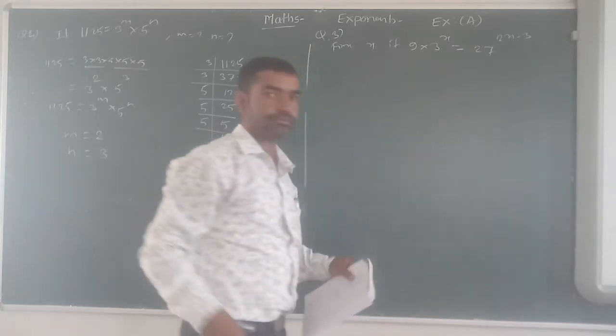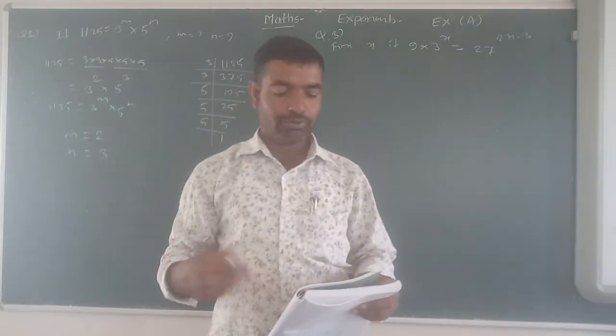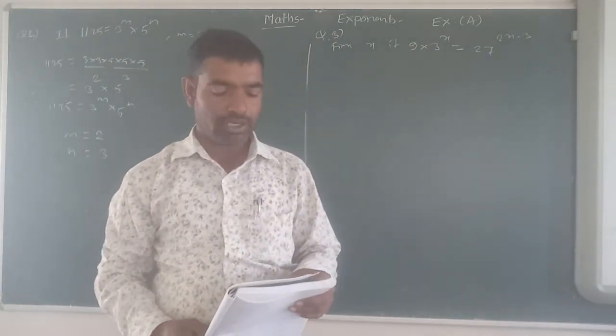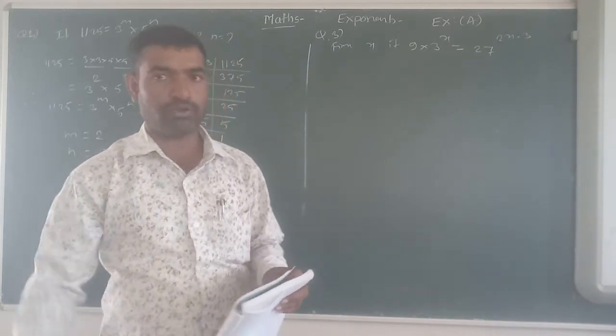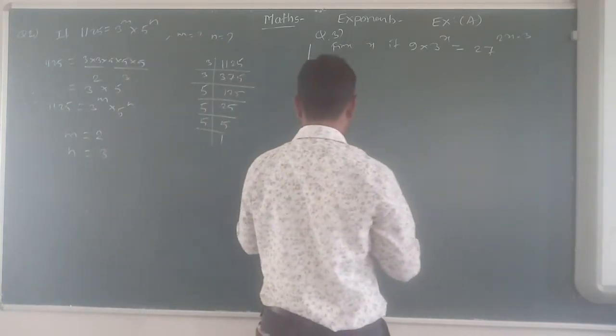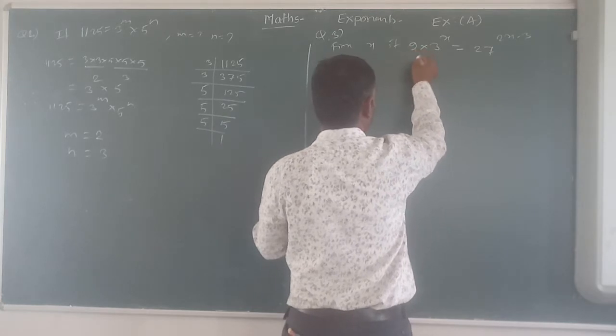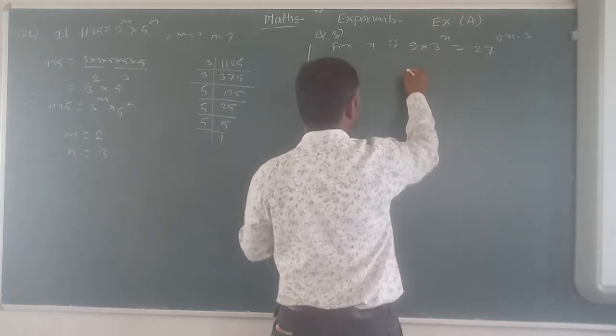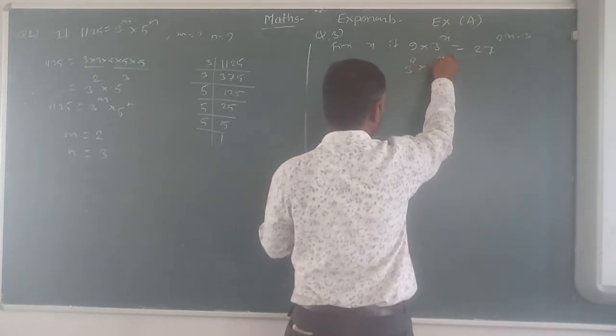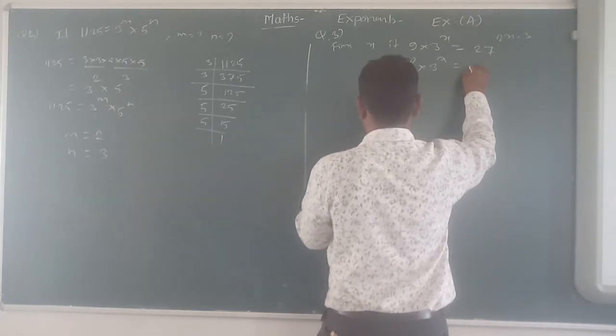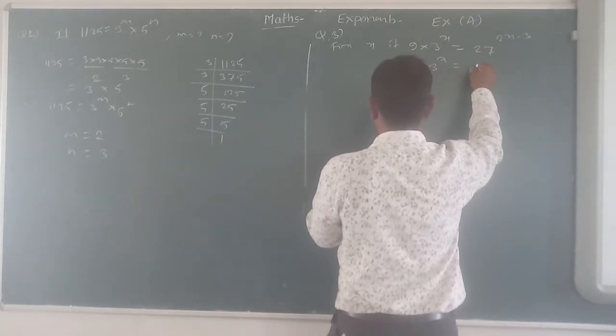Okay, so here we will solve this. See now how to solve. 9 is 3 square, into 3 raised to x, equal to 27.